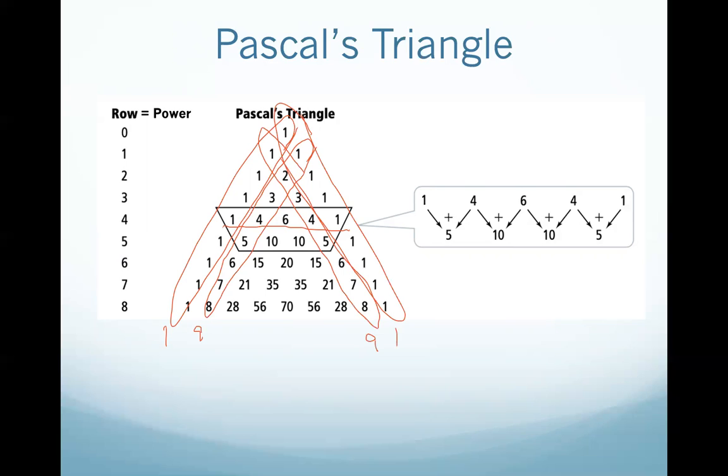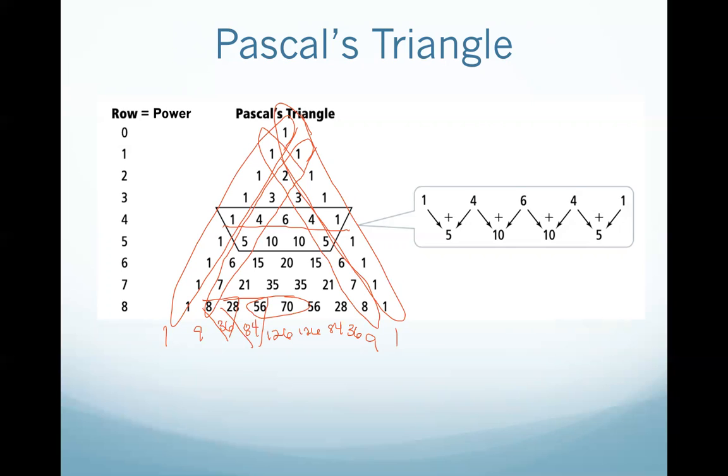And then finally, in order to fill in the middle of each row, we can use the sum of the two numbers above it. So 8 plus 28 is 36. We can say 28 plus 56 is 84. 56 plus 70 is 126. And then 70 plus 56, we're going to have that symmetry all the way across the other side.